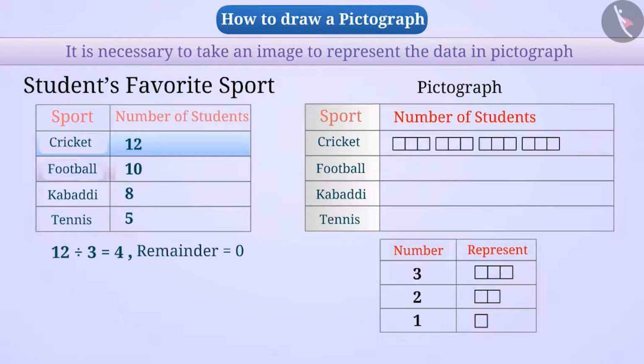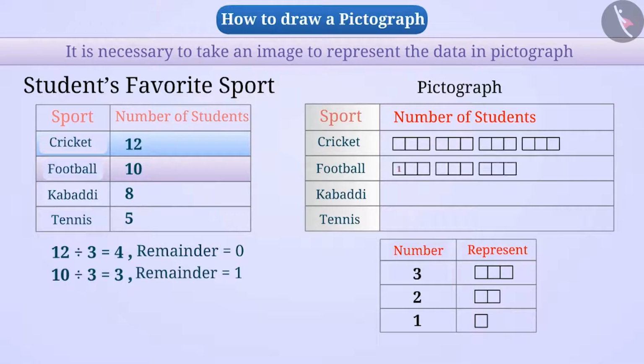Will you now be able to represent the number of students who like playing football? Try it. Let me explain. Here, 10 divided by 3 is equal to 3, and the remainder is found as 1.